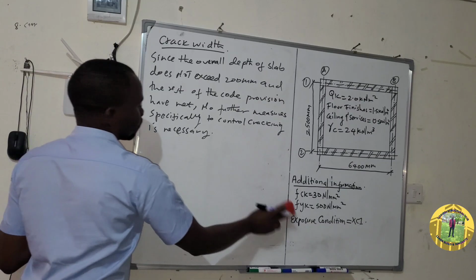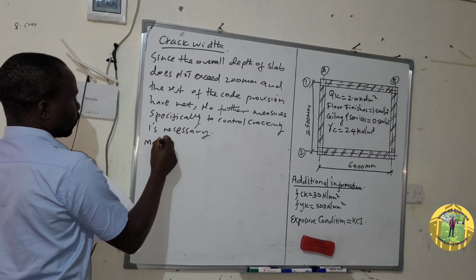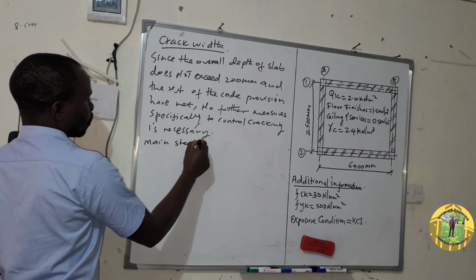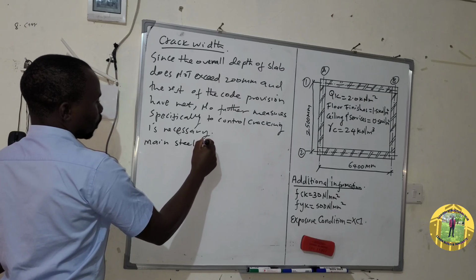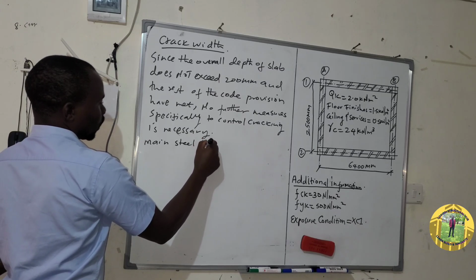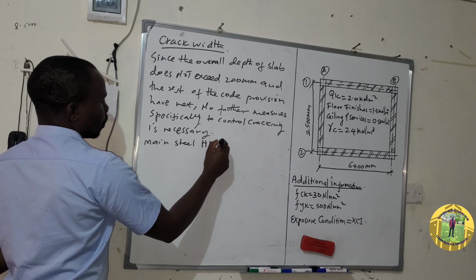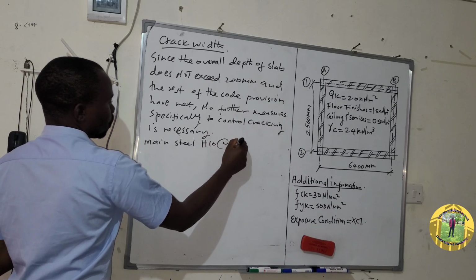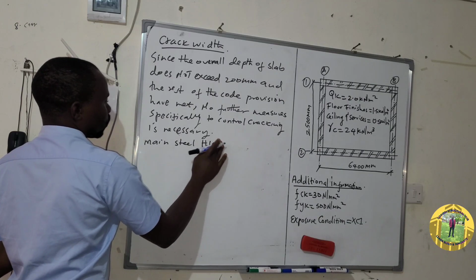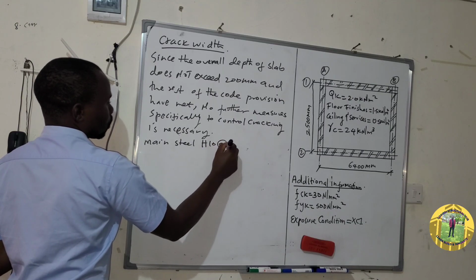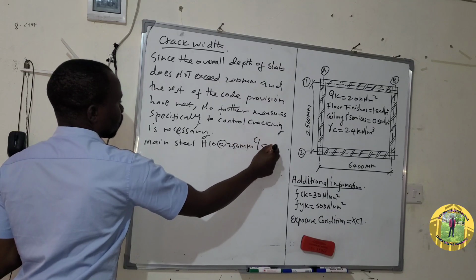So remember, the main steel, which is H10, is provided at 250 millimeter center to center.